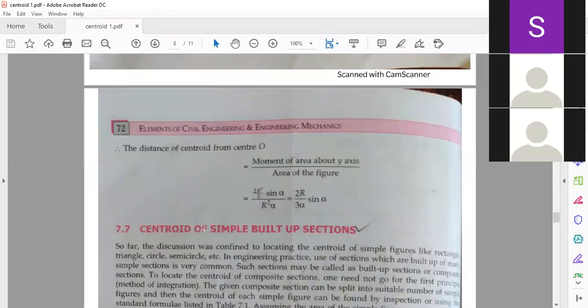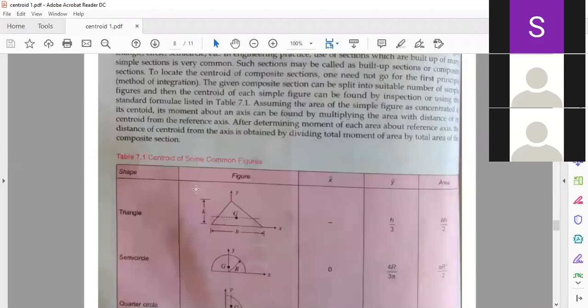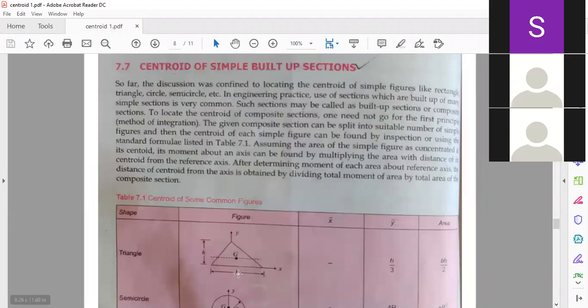Whatever we have seen, the centroid of the triangle, is given in the book in table form. The triangle has the x-axis taken passing through the base. That is very important, where you take the axis, because with reference to the axis only can you locate the centroid.